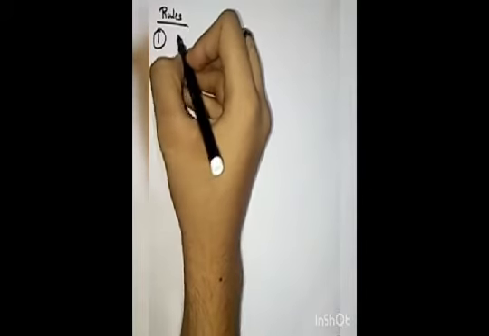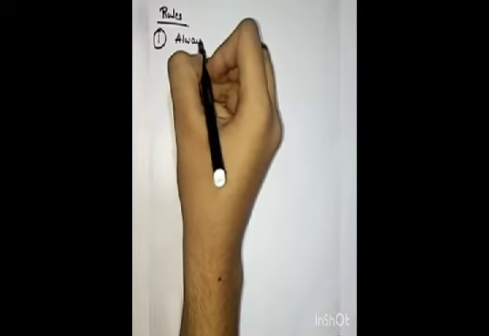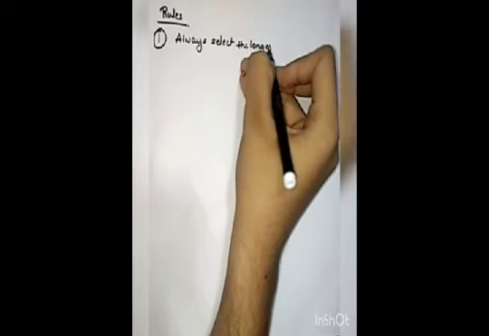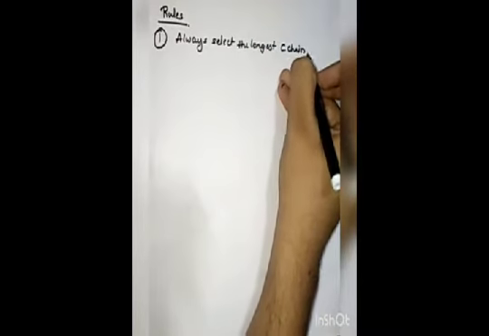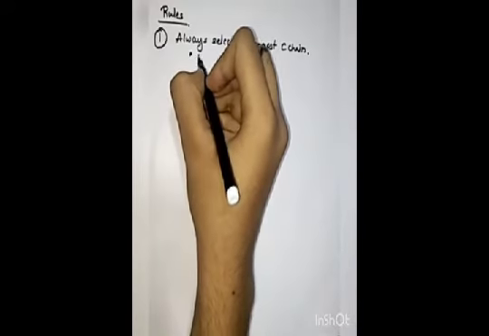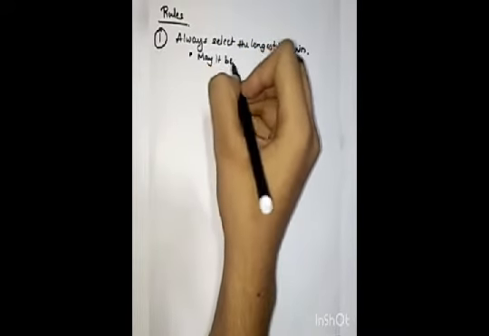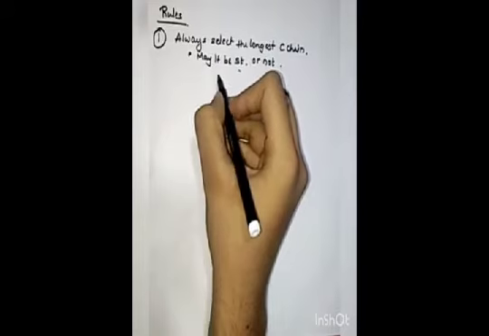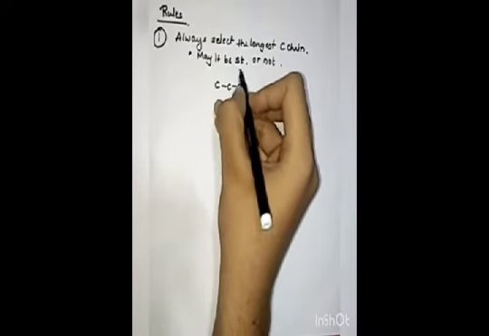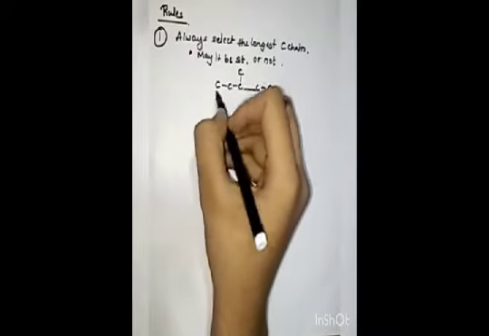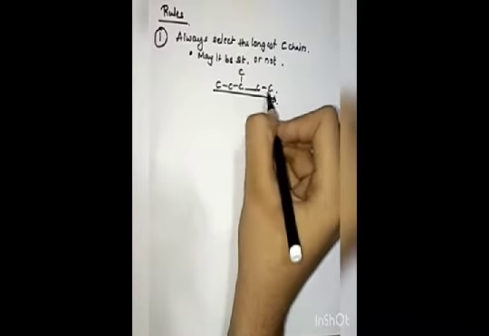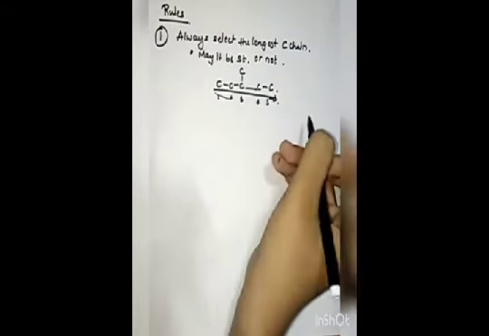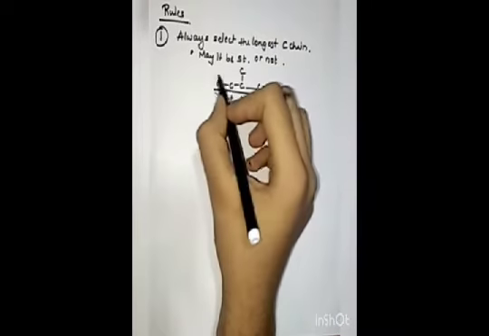For example, this is a straight chain, but also it is a longer one: 1, 2, 3, 4, 5. So we'll be selecting the straight one in this condition.